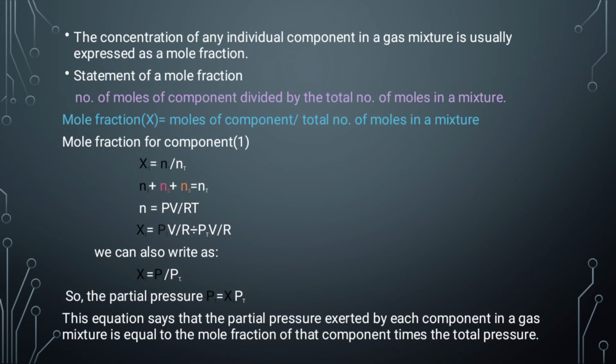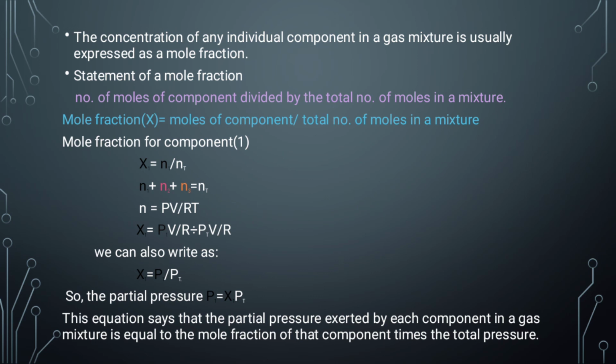Partial pressure depends upon the number of moles of a gas. The concentration of any individual component in a gas mixture is usually expressed as a mole fraction, the number of moles of the component divided by the total number of moles in the mixture. Mole fraction, denoted by X, is equal to moles of component over total number of moles in the mixture. For component 1, X1 = n1/(n1 + n2 + n3), where n1 + n2 + n3 = n total.